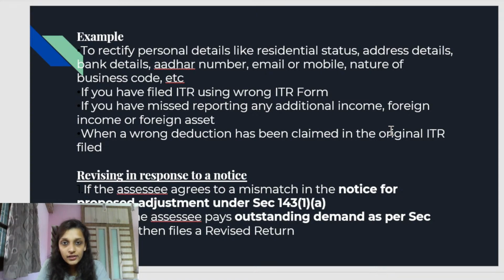If in that notice you have received some kind of demand, and you agree that whatever notice you have received from the department is correct, and you forgot to include some income, due to which you got the notice, then in that scenario you would need to revise your ITR.